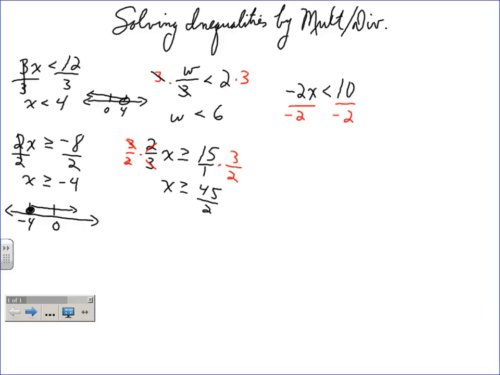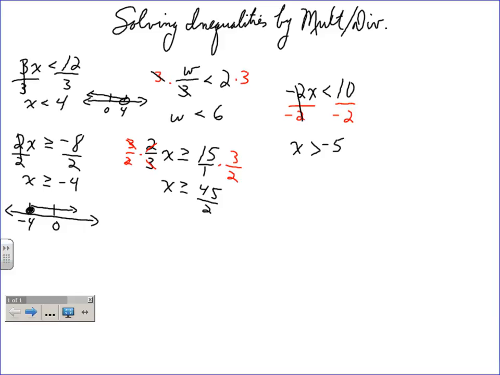Does anybody remember what you do when you divide by a negative? Yes. Well, you do. The negative 2 over negative 2 will cancel out, and 10 divided by negative 2 will give you negative 5. However, because we divided by a negative, we have to reverse the inequality sign. And now it's greater than negative 5.